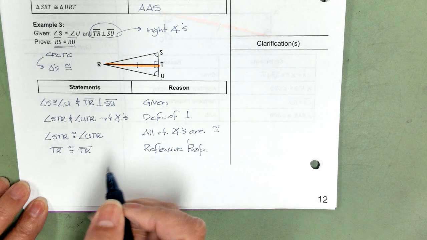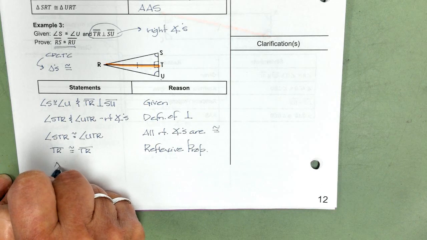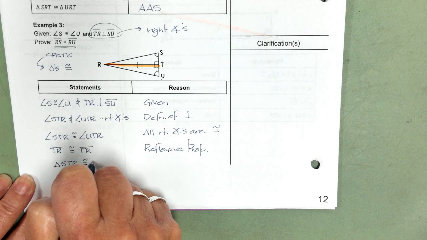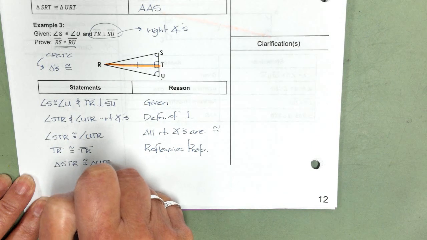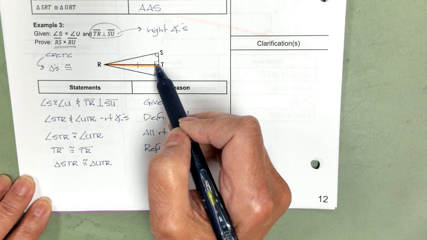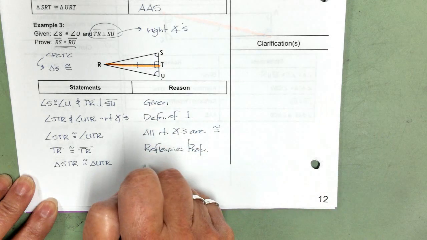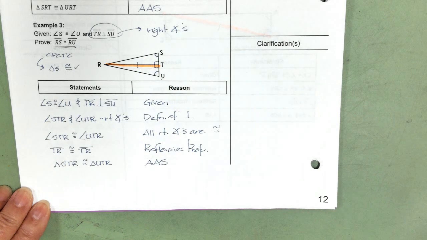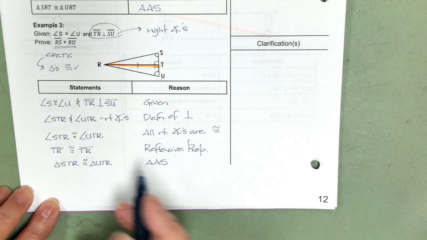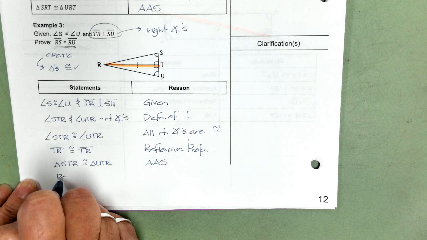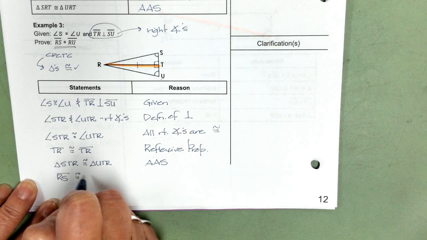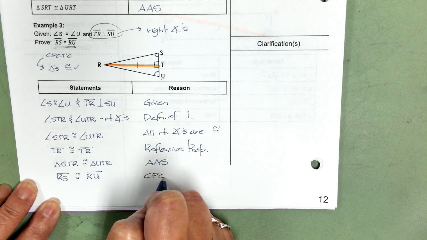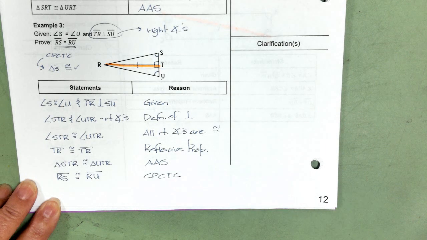So that means our triangles, triangle STR is congruent to triangle UTR by angle, angle, side. So we've proven our triangles are congruent. We can now make our final statement. Segment RS is congruent to segment RU by corresponding parts of congruent triangles are congruent.